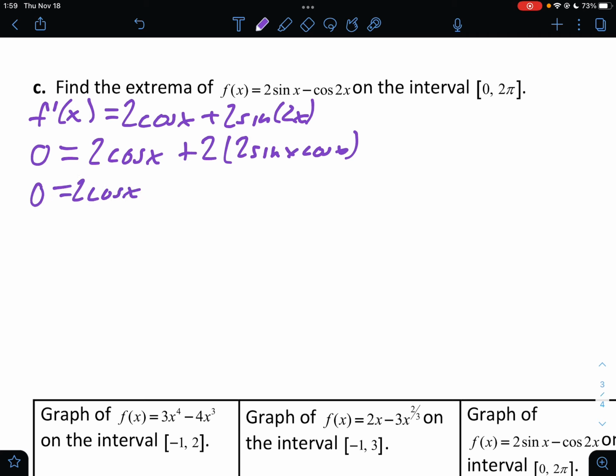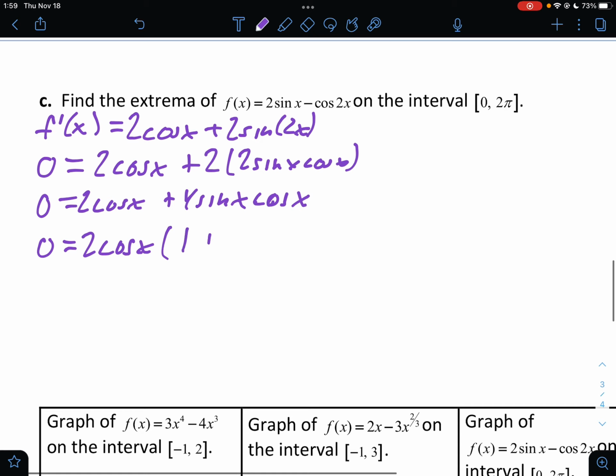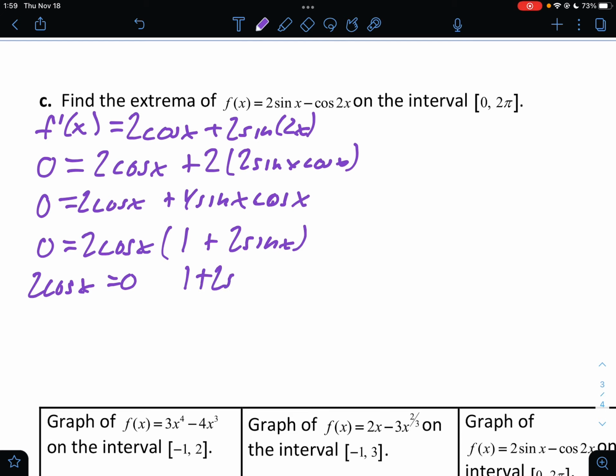So now if we do a little bit of simplifying, and then I factor out a GCF, I either get 2 cosine x equals 0, or I get 1 plus 2 sine x equals 0.